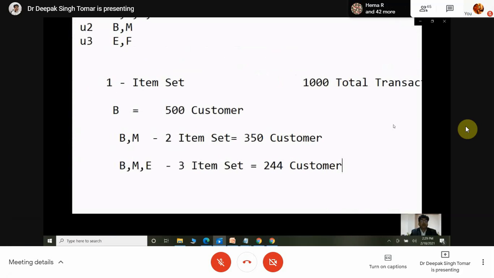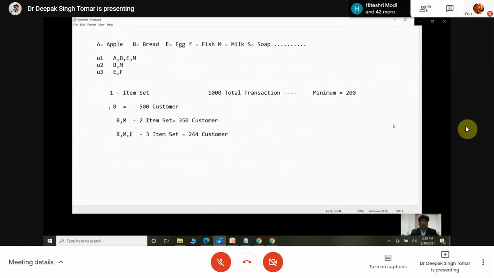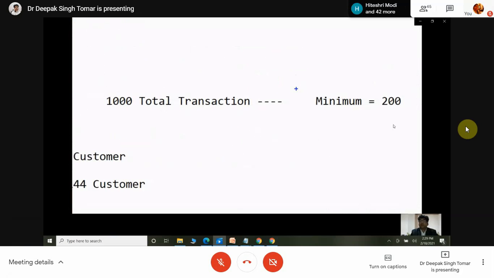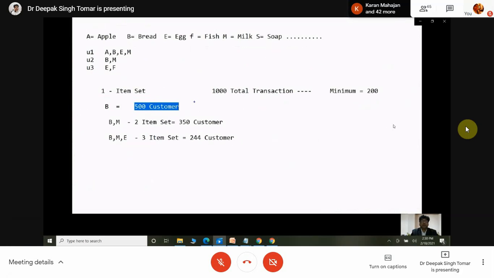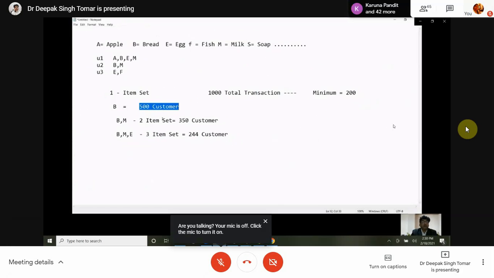Also frequent. All these are frequent because the minimum threshold value we have set, based on experience, is 200, and each count is larger than it. So the length three item set is frequent.